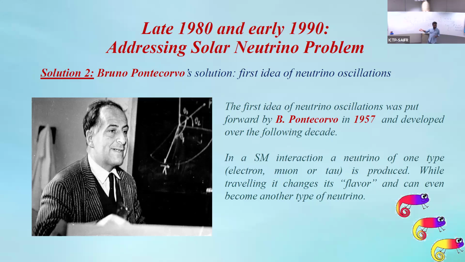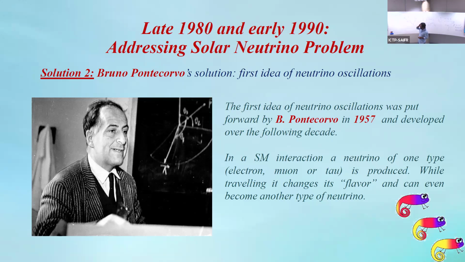But Pontecorvo was so motivated. Okay, what can happen if, say, some neutrino oscillates to some anti-neutrino or something like that? If you have some sterile state, an active neutrino can oscillate to some sterile state. Those were the first ideas. That's why neutrino oscillation was put forward by Pontecorvo in 56, 57 and developed over the following decades.